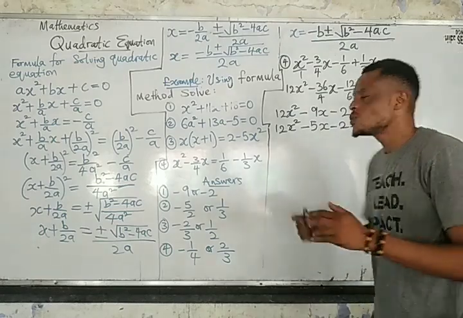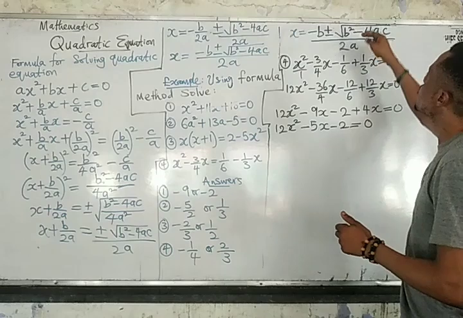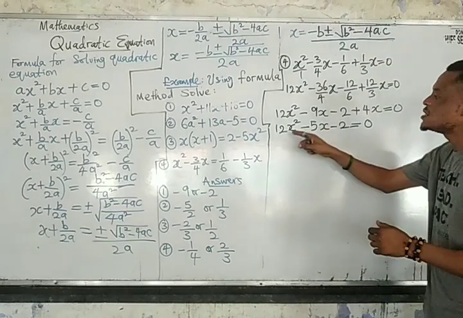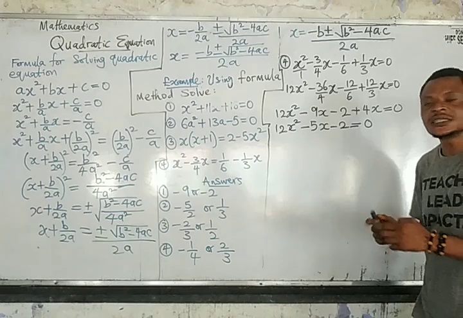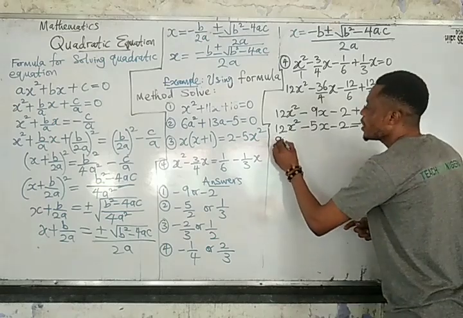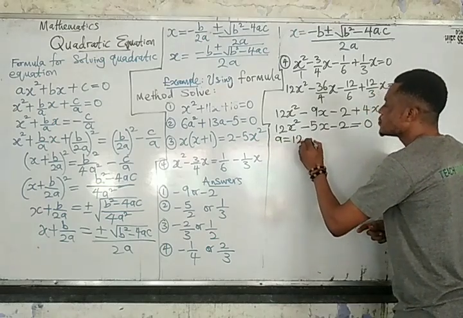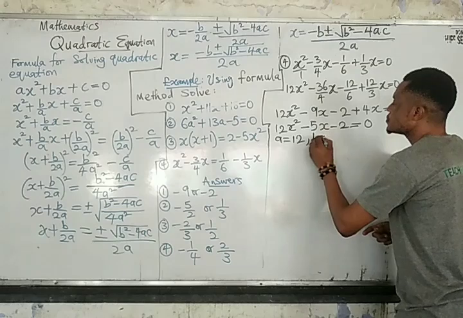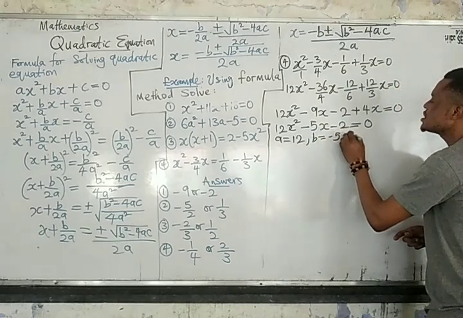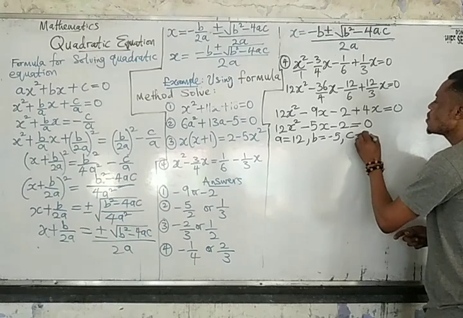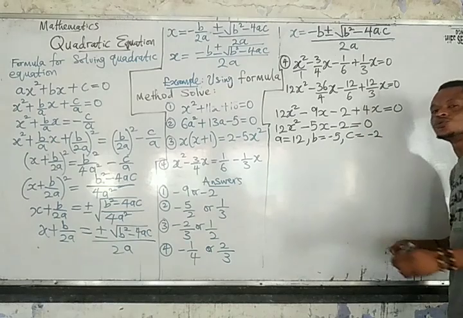So having done that, we now introduce our formula into it. Since this is our A, our B is minus 5, and our C is minus 2. A is 12, B is minus 5, and C is also minus 2.